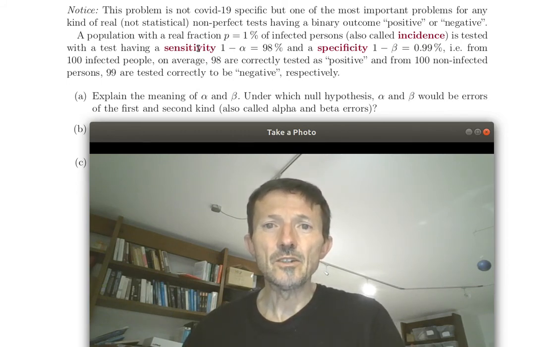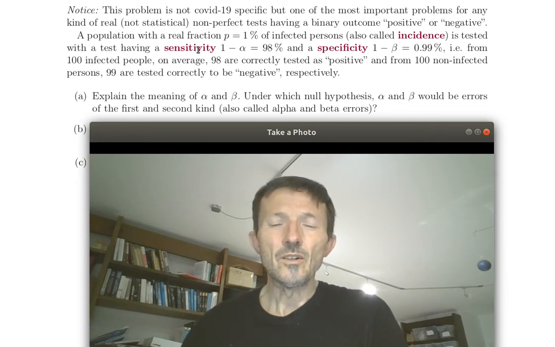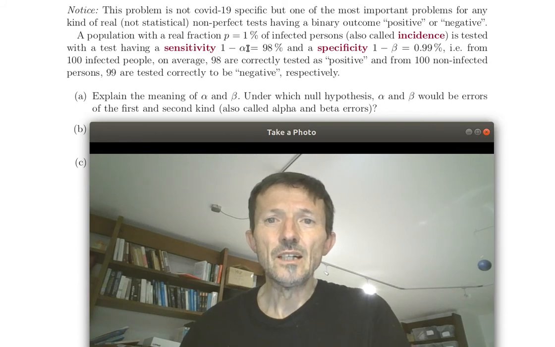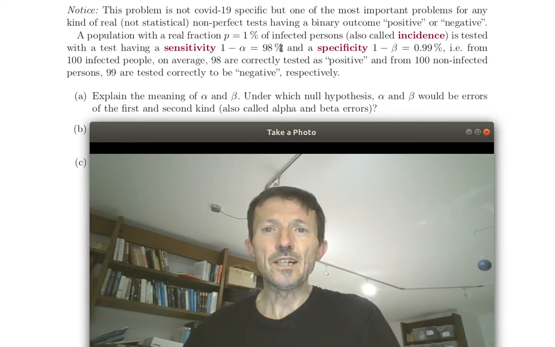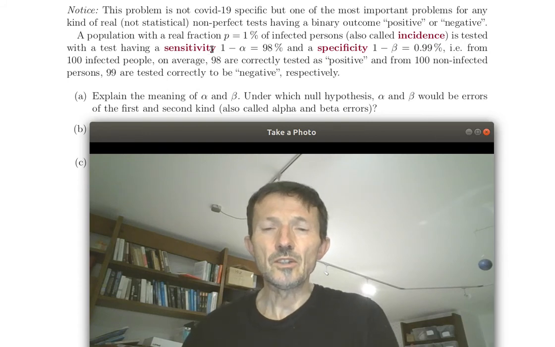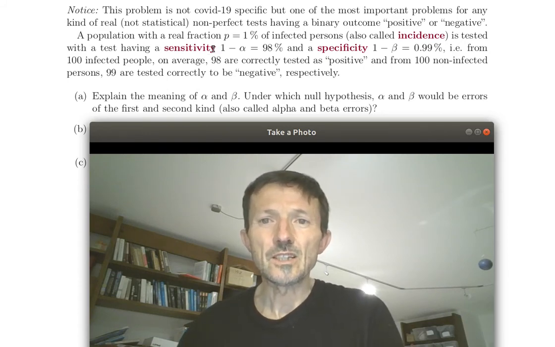Sensitivity means if in reality a person is infected, then not every such infection is detected by the test, but only with a sensitivity rate 1 minus alpha, and obviously alpha itself, in this case 2%, is the detection error. That means 2% of the ill people will not be detected by this test.